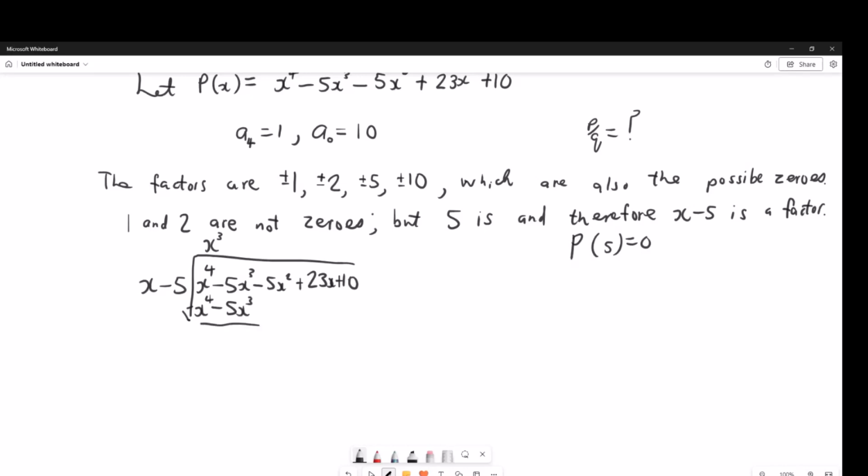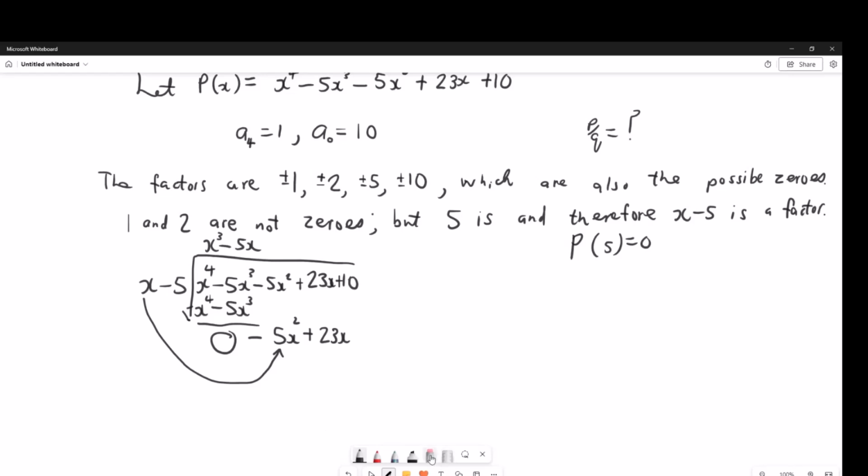And then I do a subtraction again. That will give me 0. In the interim, I bring down the negative 5x squared, and if I want, I can also bring down the 23x. Then the question is again, how many times does x divide into minus 5x squared? It divides in there minus 5x times.